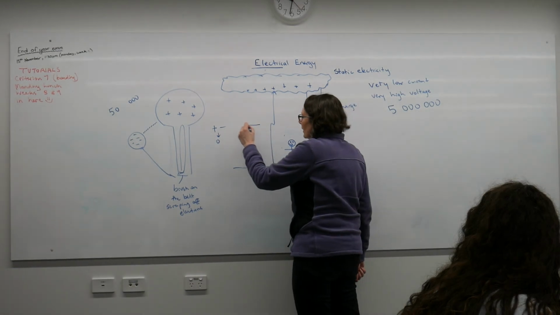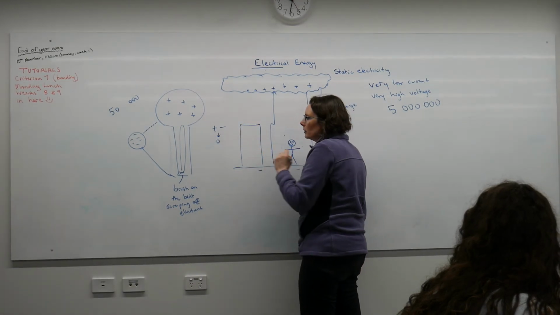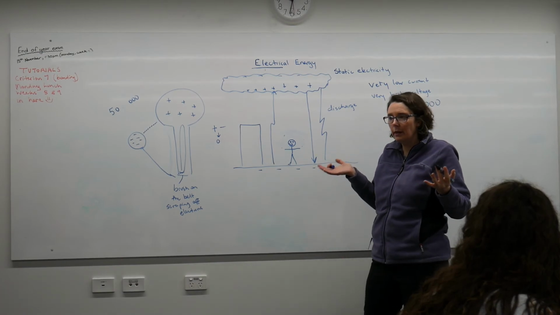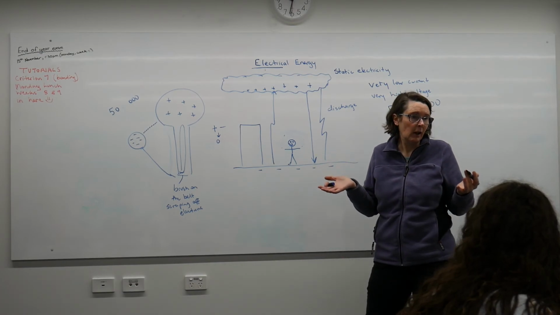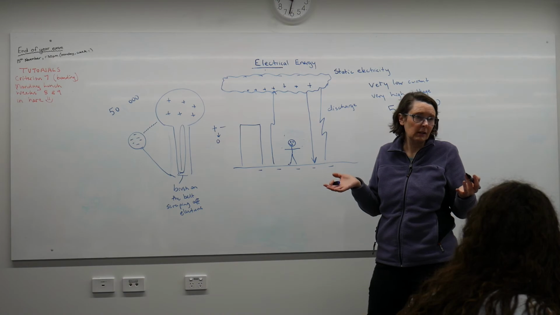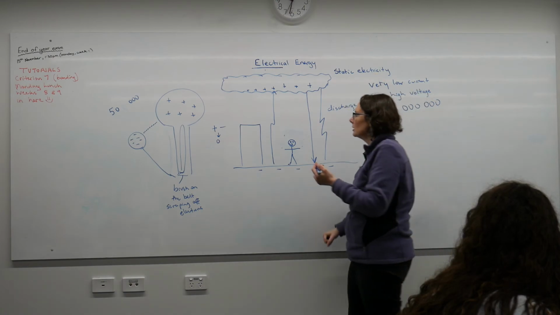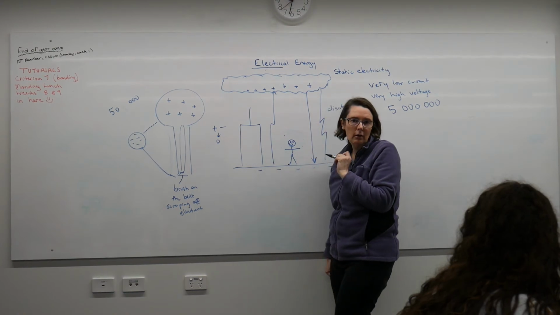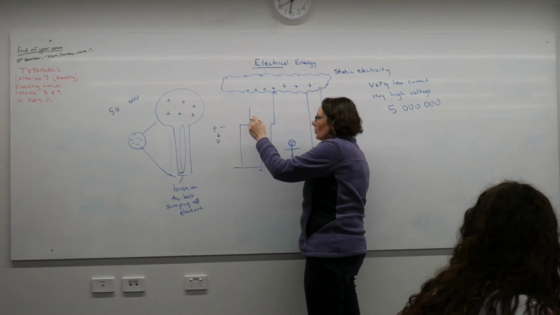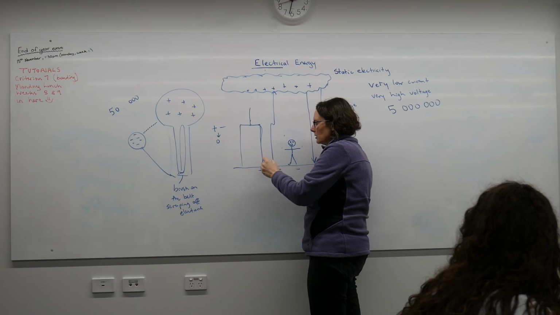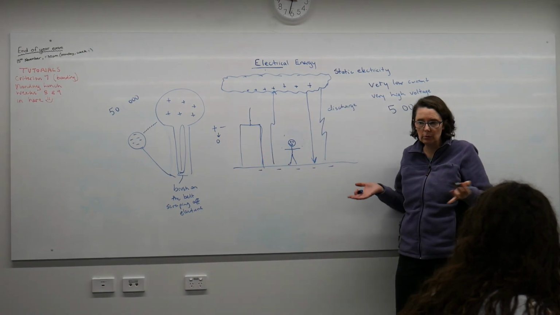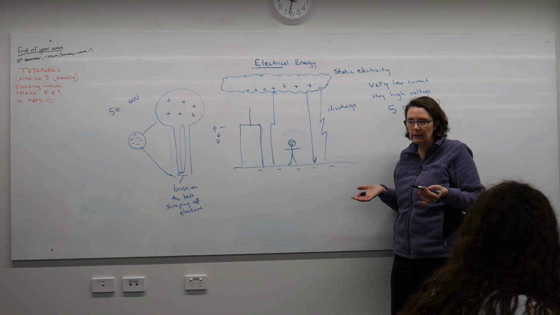How we handle lightning at the moment, if you've got really tall buildings, like skyscrapers, again, they're really big targets for lightning, aren't they? Because they're very much closer to the clouds, and they will have a lightning rod on the top, and what that does is it provides a pathway to the earth.